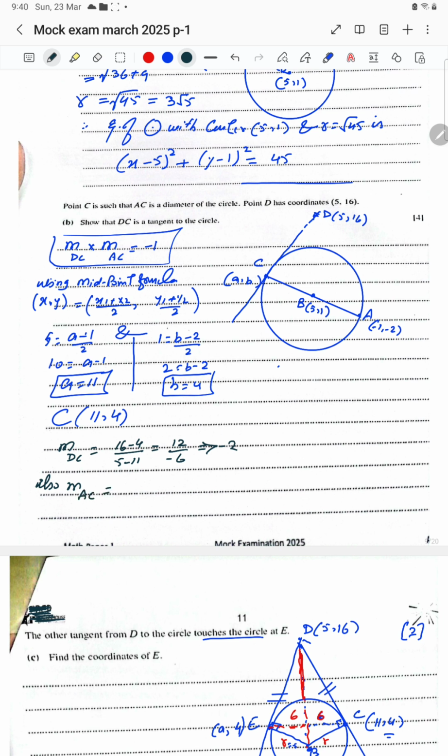AC: (4 + 2) over (11 + 1), it will be 6 by 12, 1 by 2. Since the gradient of DC times the gradient of AC results in -1, because -2 multiplied by 1/2 is -1, hence we can say DC is a tangent to the circle.